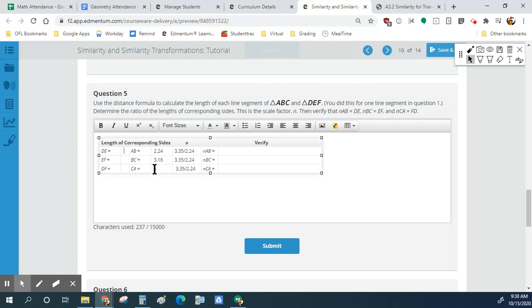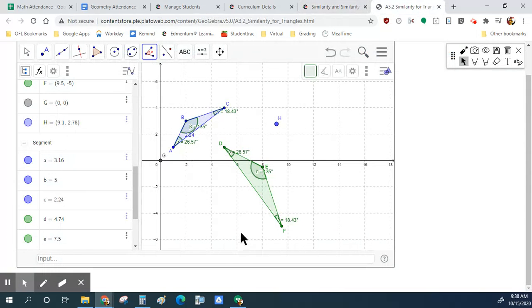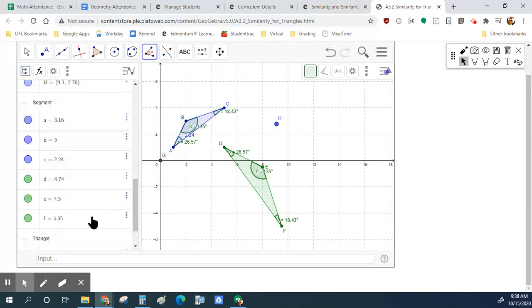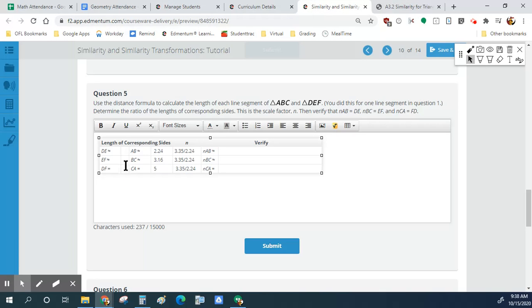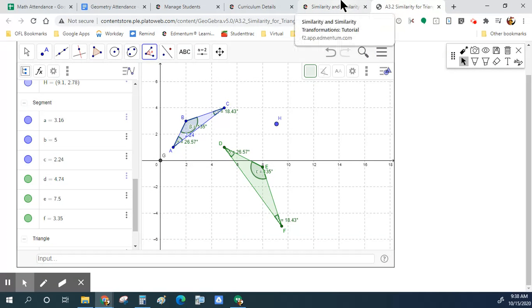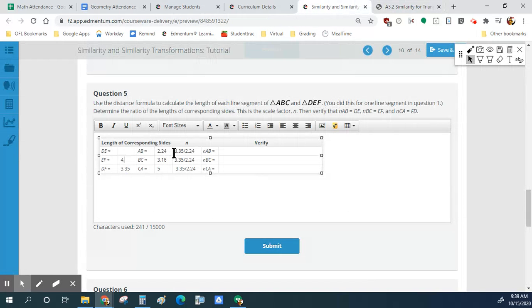I'm going to do the same thing over here. So if I want DE, the opposite of DE is little f. So I want little f, which is 3.35. And if I want EF, EF would be little d, which is 4.744.